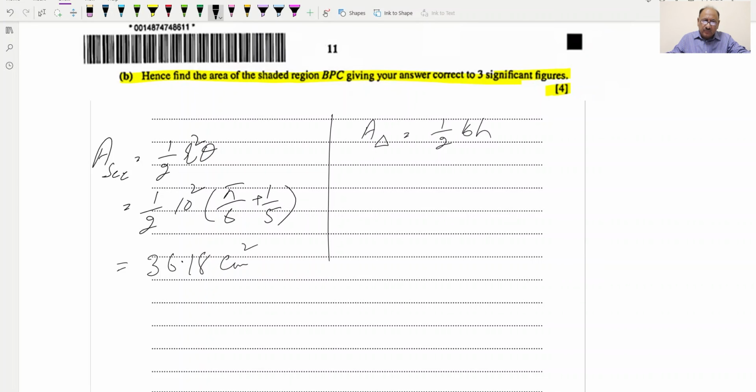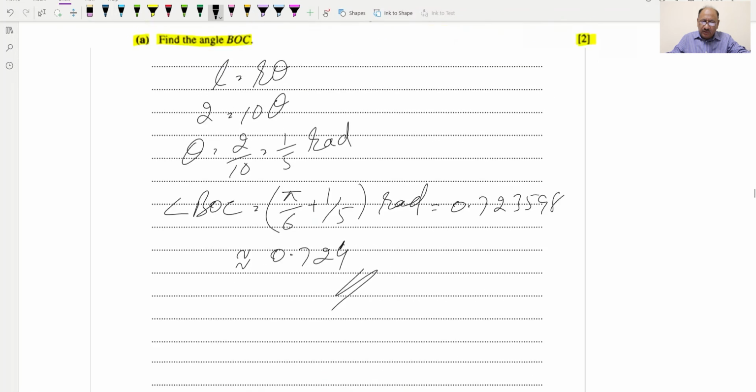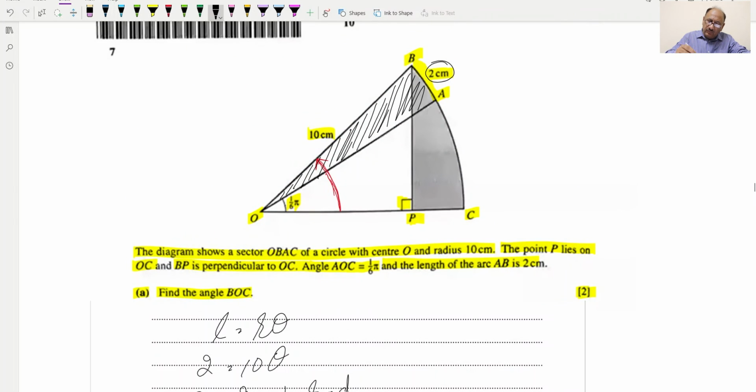Now for the height, we will be considering the triangle, which is this white triangle.